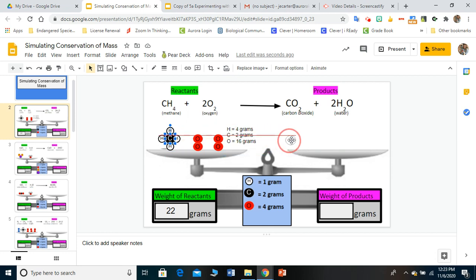So I'm just going to take what I need to make the CO2 first. And now I need to make 2 molecules of H2O. So I'll make 1 molecule of H2O first.